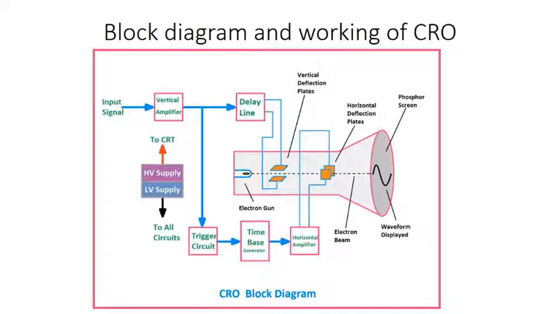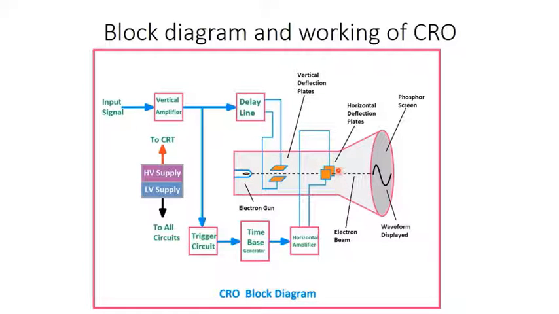This is a block diagram of the cathode ray oscilloscope. This you have studied in your lower standard, which is the CRT. So this is your electron gun, from which the electron is going to be passed through two plates.